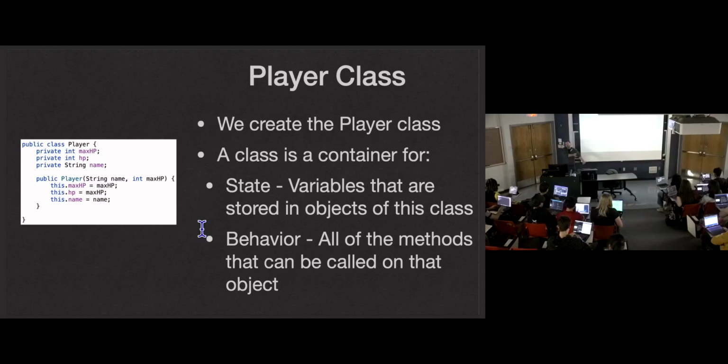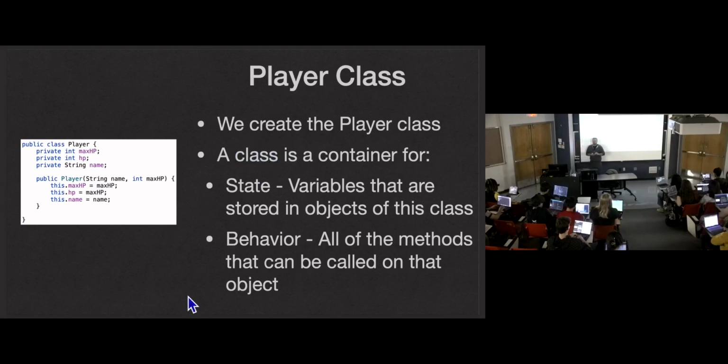So a class or an object, what they really are is containers that store state in the form of variables and behavior in the form of methods. So far, we've been talking classes, but we're going to start talking objects. I say class in the slide, but I mean both.